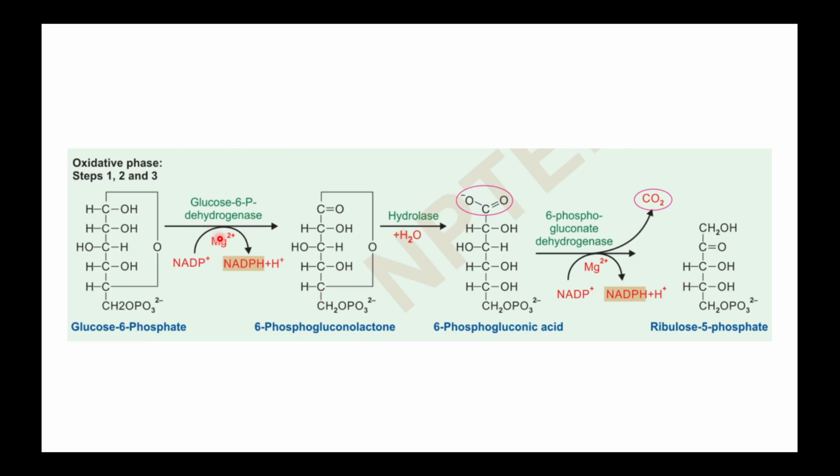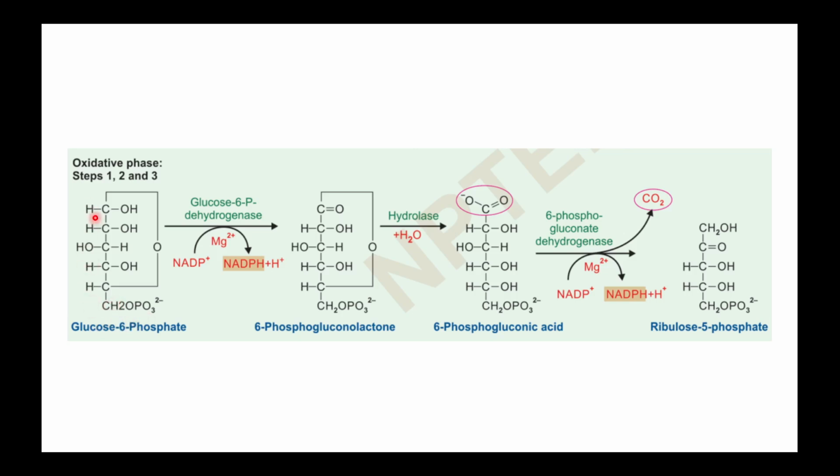Now, if you remember in the previous class also, I told you wherever a dehydrogenase enzyme is present, you will have either NAD reduction or NADP reduction. So here NADP is reduced to form NADPH, and in turn glucose 6 phosphate is oxidized to form 6 phosphogluconolactone. Even if you don't remember the structure, just keep looking at the structure.